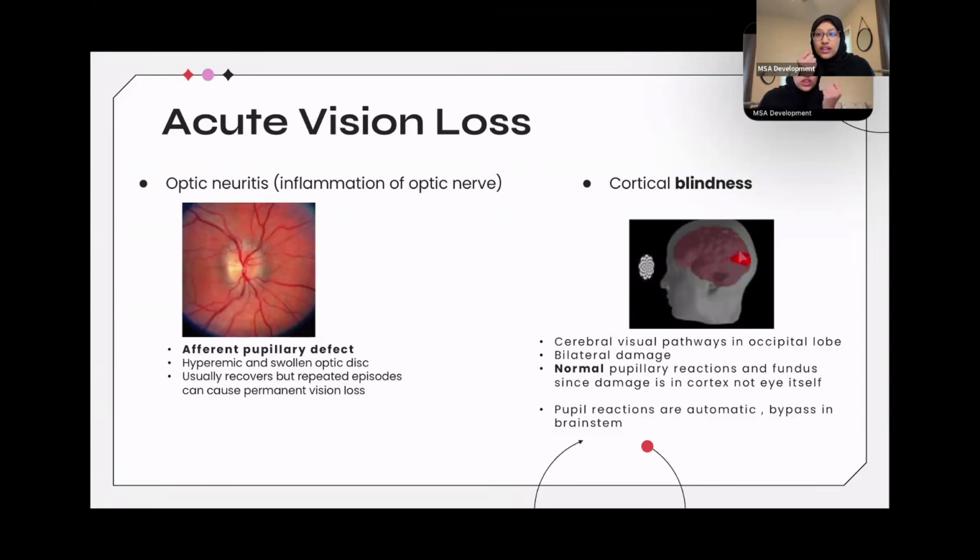So even if you shine a light, it's an automatic reflex, right? The person will still have that reflex, even though they're blind, if that makes sense. They are blind from the back, but their automatic sympathetic and parasympathetic responses will still work because they go through the brainstem, if you remember, not the lobe itself. The lobe is just for vision, and if that's lost, then only the vision is lost.